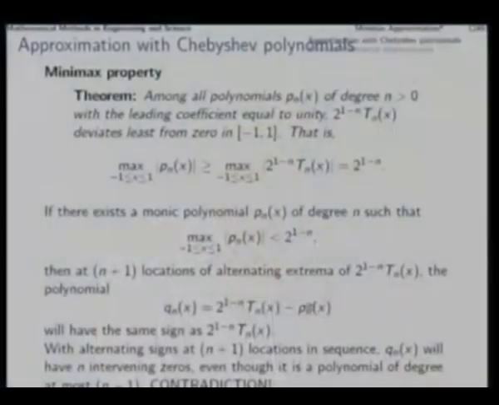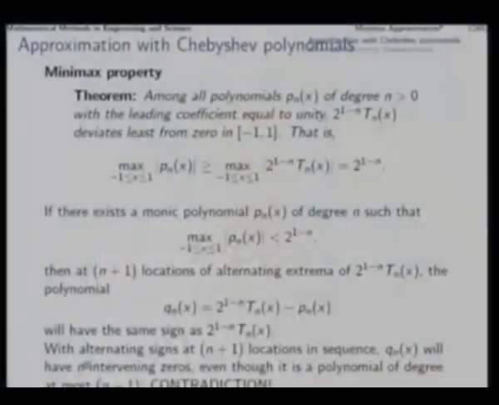But then that is something very awkward, because both of these were monic polynomials, which means that in both of these cases the coefficient of x to the n was unity, and in the difference the x to the n term will get cancelled, and this polynomial is actually an n minus 1 degree polynomial, but we have just now found that it has n intervening zeros. How can an n minus 1 degree polynomial have n zeros?